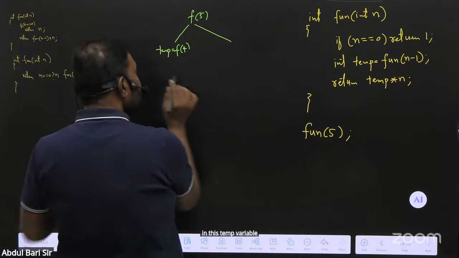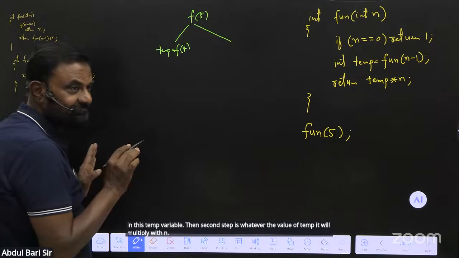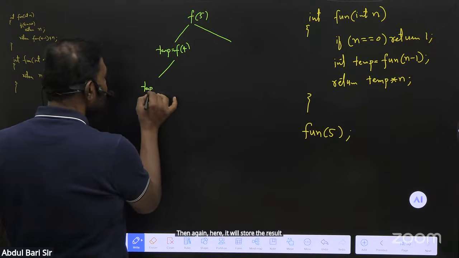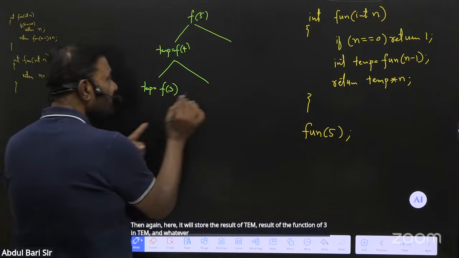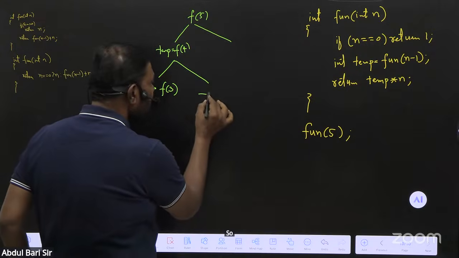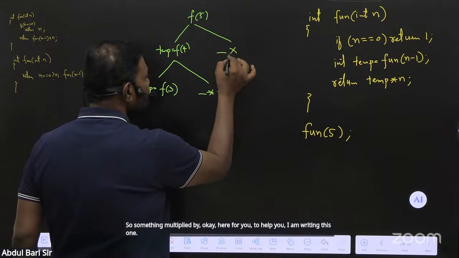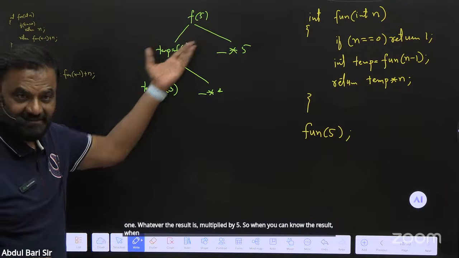Then second, whatever the value of temp, it will multiply with n. Then again here, it will store the result of the function of 3 in temp, and whatever result you get, that will multiply with this value of n. So something multiplied by, okay, to help you, I am writing this: whatever the result is, multiplied by 5. You can know the result only when it is returning back.